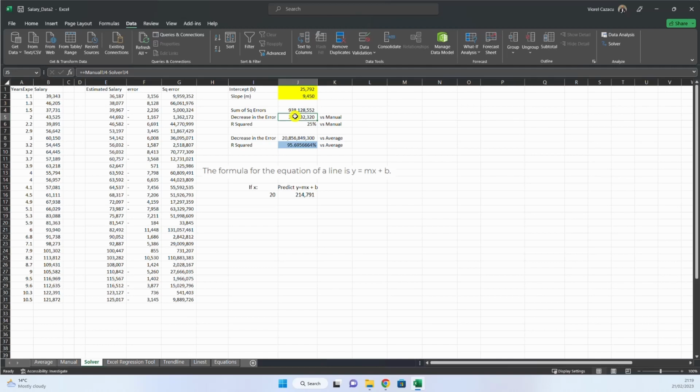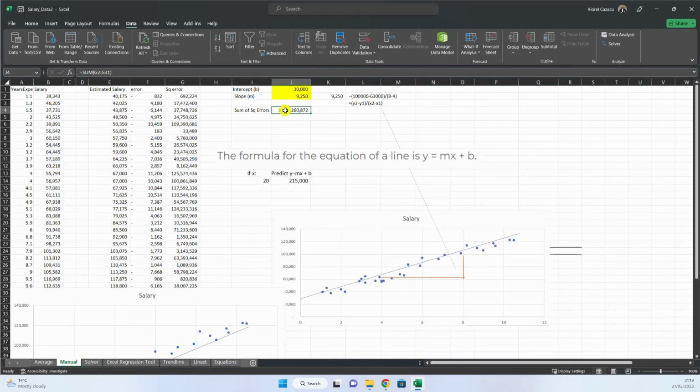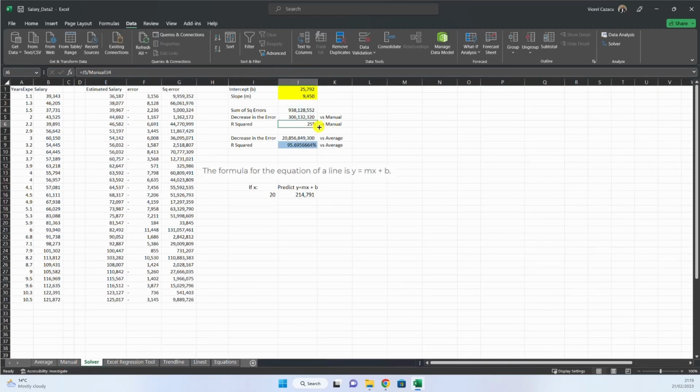So this is the decrease. And then we can calculate the variation of this decrease. Okay, we say decrease in error from solver divided by the manual. Okay, how much in percentage the error decrease?